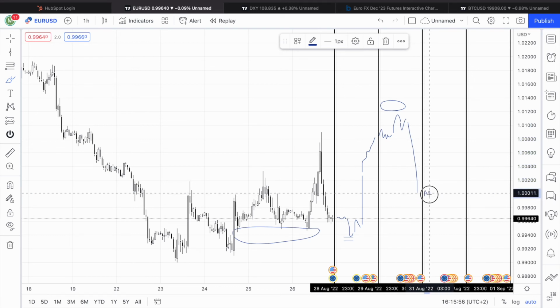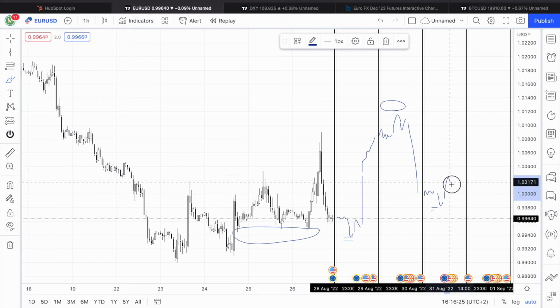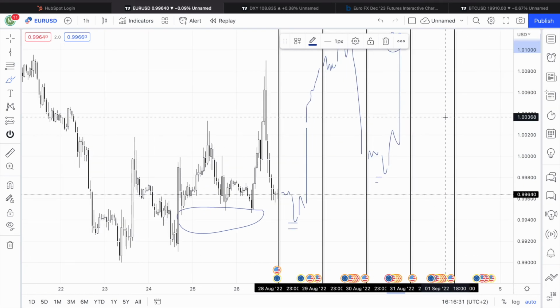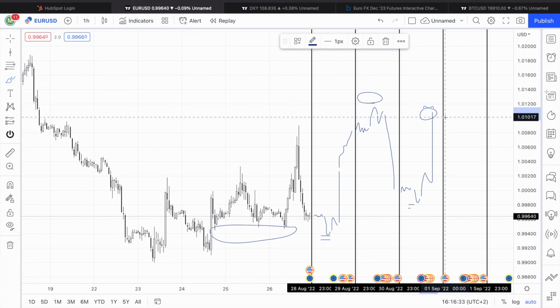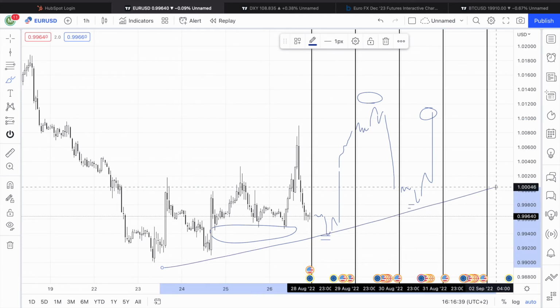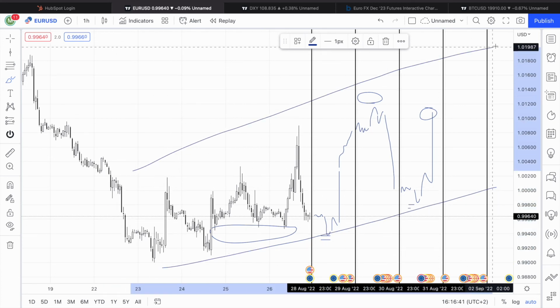Wednesday, you can see consolidation in Asian session, manipulation during London session, and then expansion during New York session, so that we can continue our uptrend, right? This is in case of buy mode or buys. Just mirror this chart to have the sell model.